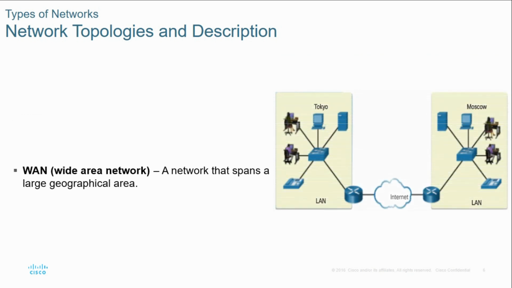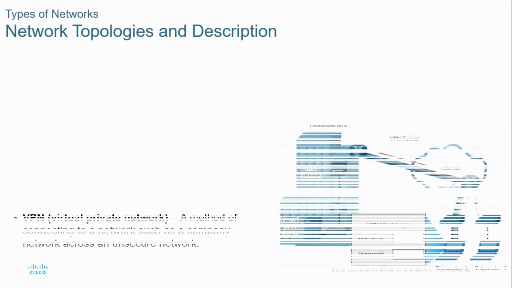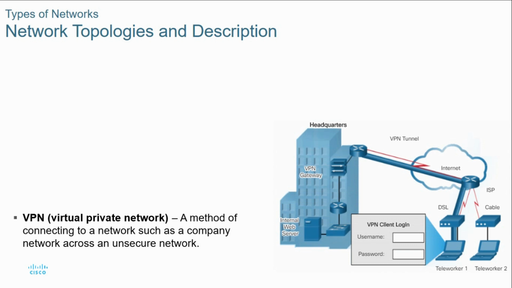As we all know, Wide Area Network or WAN connects multiple networks that are in geographically separated locations. In order for these networks to communicate, they need a service provider to grant them access and connectivity. Lastly, a virtual private network or VPN is used to securely connect to another network over an unsecure network, such as the internet.